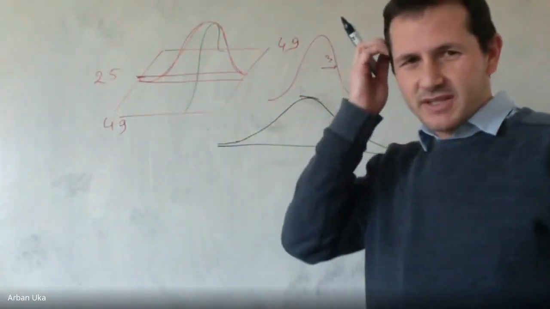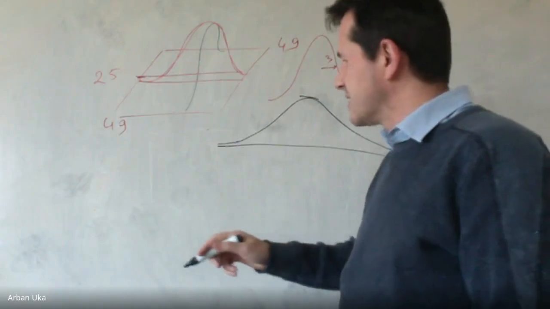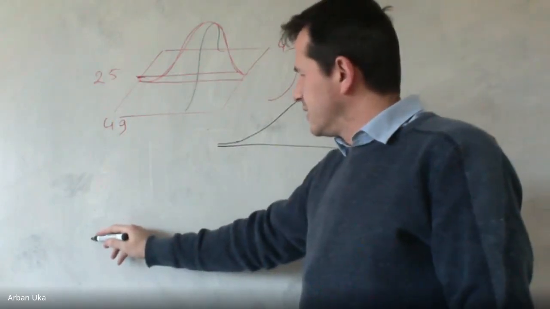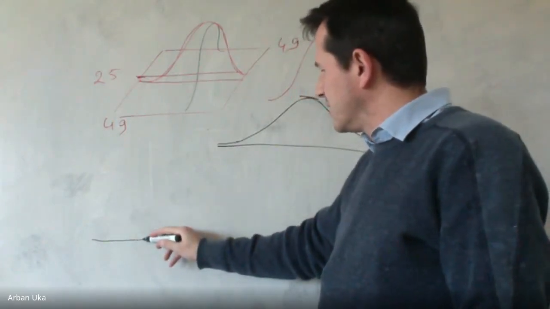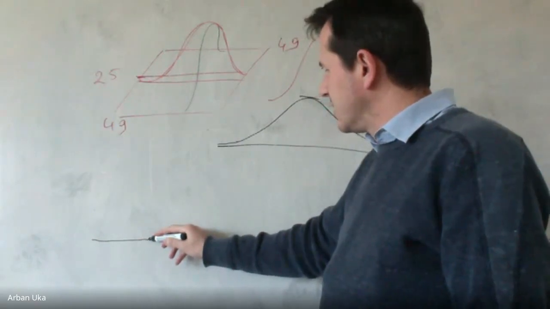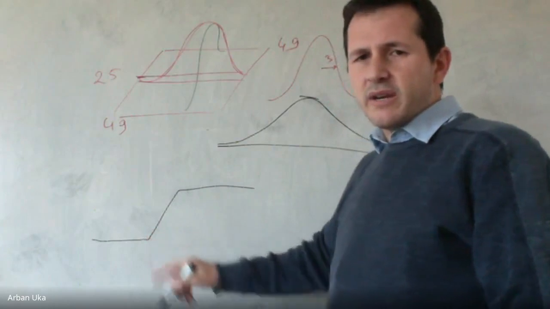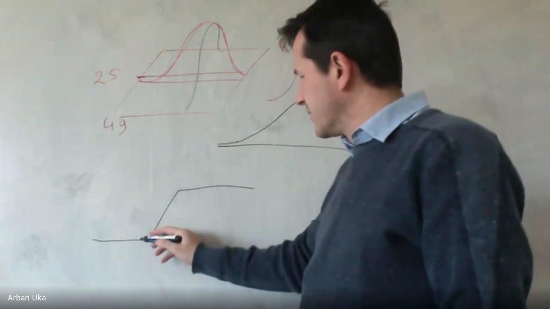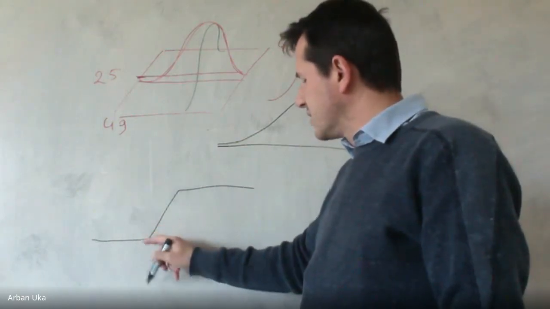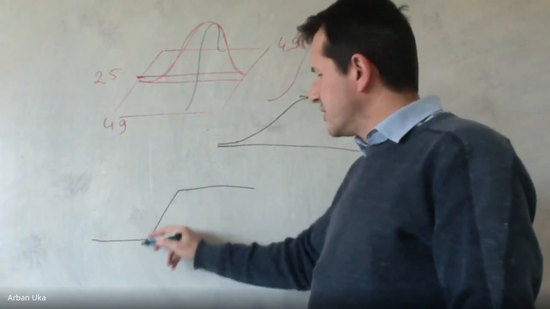I forget when I switch from the board to the slides, but what we are doing, imagine for a moment that we have a function like this. When you're applying averaging or specific filters, what is happening is that we are averaging some values here on the corner.